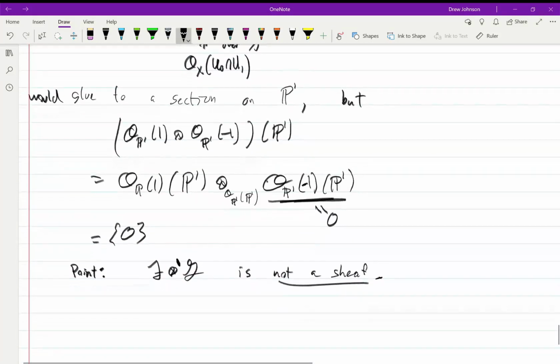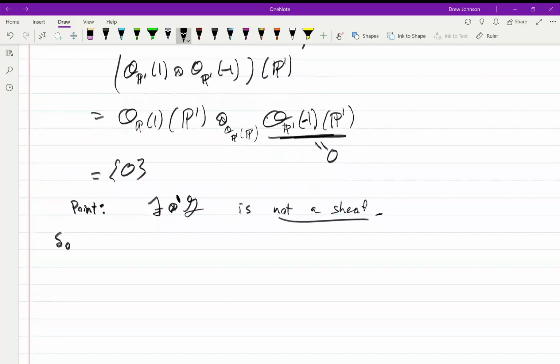All right, so there's a solution to these problems called sheafification. So we write a sheafification. Okay, and I'll write down the definition, and it'll look very similar to what we did to define the structure sheaf on a scheme.